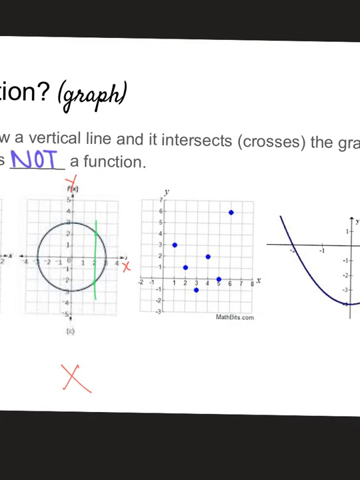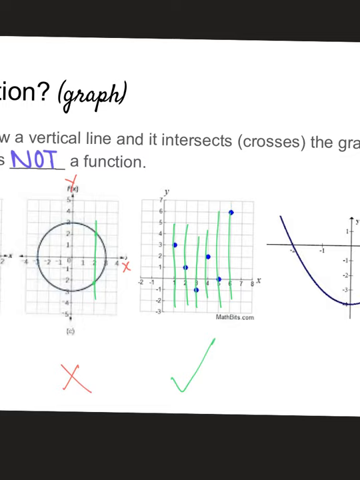Sometimes you're going to get a graph that looks like this. Still the same thing. We can still do our vertical line test, right? It doesn't cross more than one time. It doesn't hit 2 points. There are no two x coordinates that are the same. That is a function.